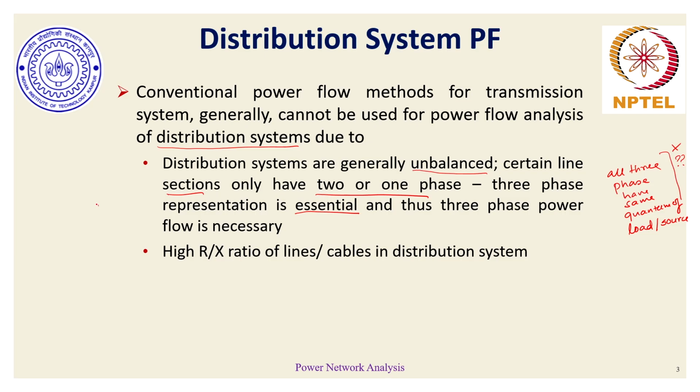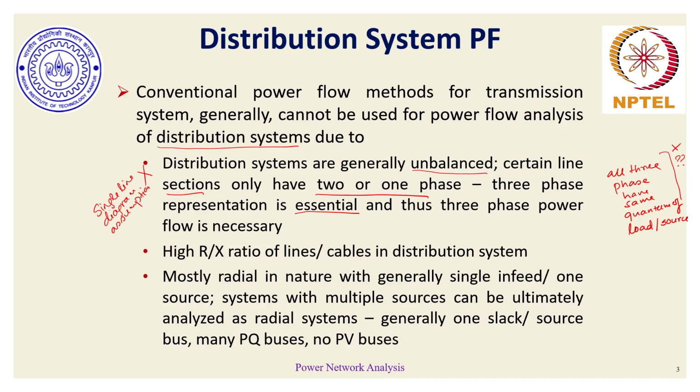The single line diagram assumption which we had for power flow analysis doesn't hold true. That is the primary reason. The distribution network being unbalanced is because of the nature of the loads which are being served by it.